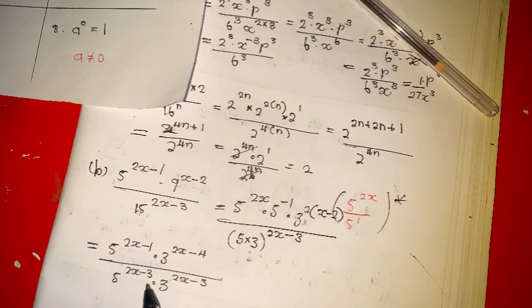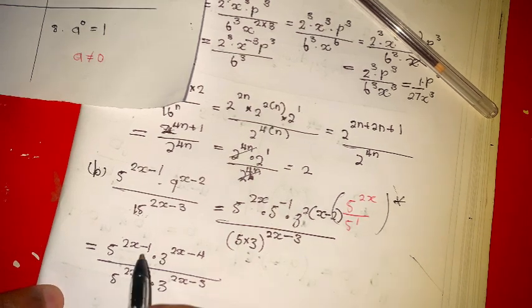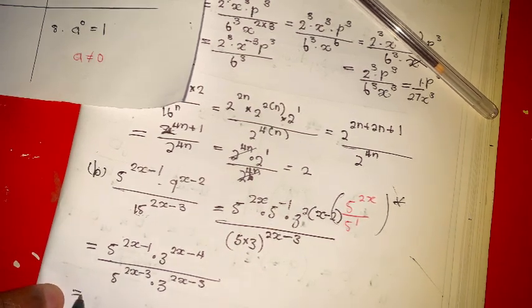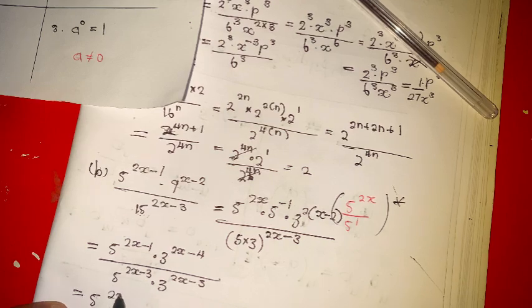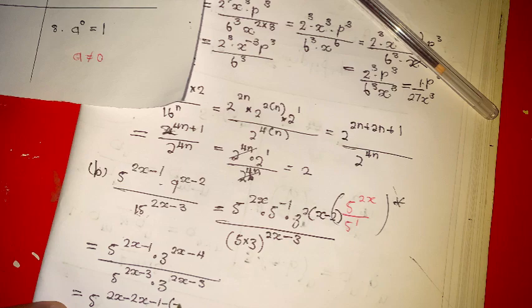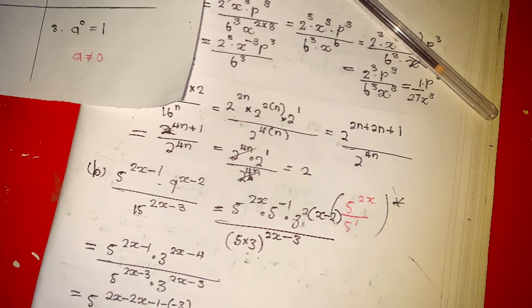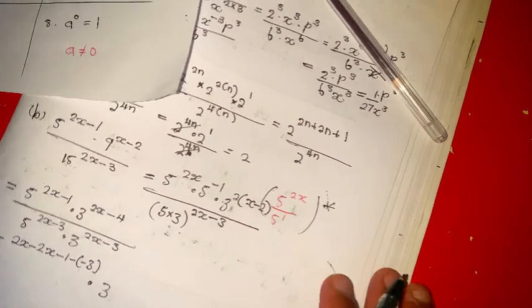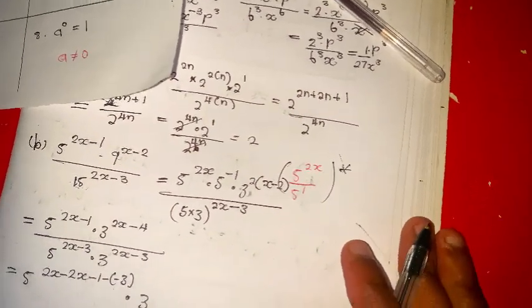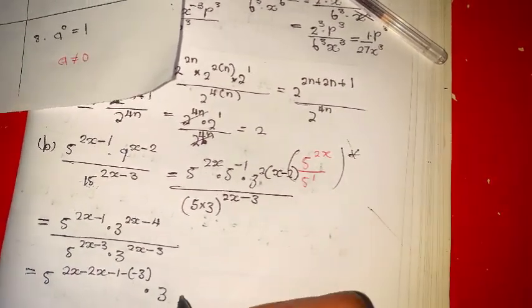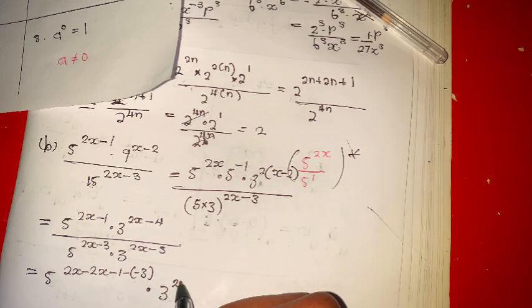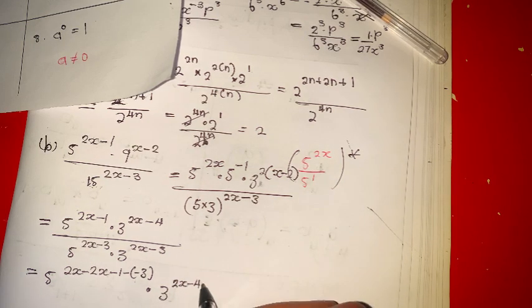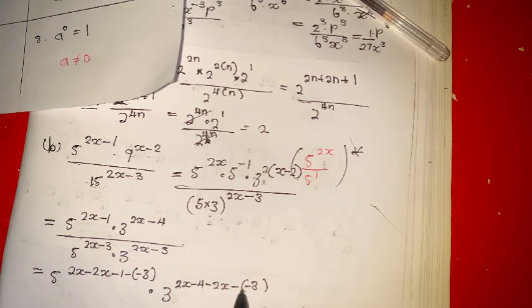So if you were to take it like this, you would simply subtract the exponents of the bases that are the same. So for 5, it is 2x minus 2x minus 1 minus negative 3, which will be positive 3. Then for the base 3, you have 2x minus 4 minus 2x minus negative 3, so it will also be positive.